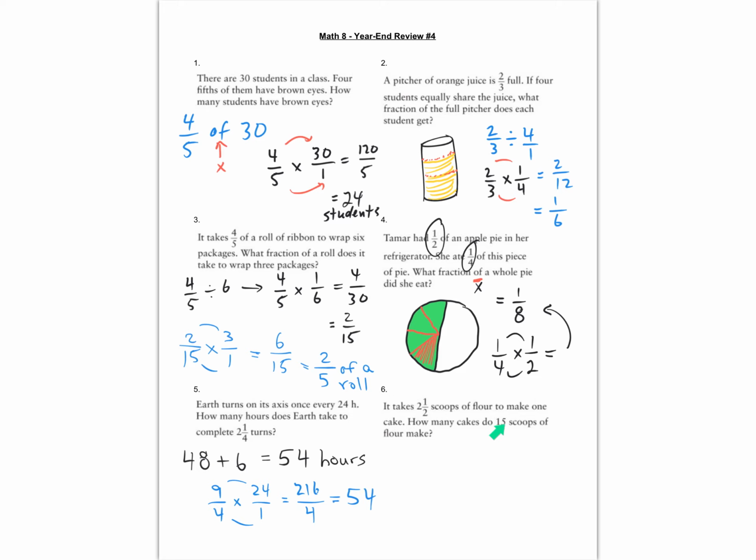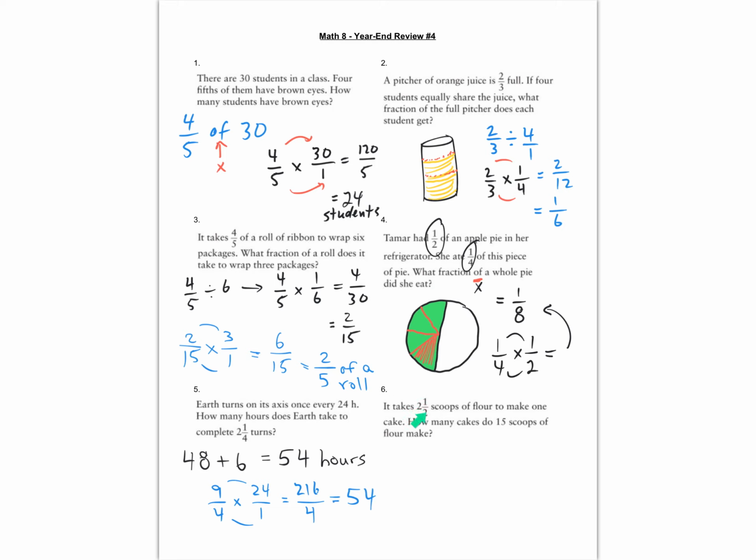So basically it's saying, if we have this amount and it takes 2 1/2 scoops to make 1 cake, we're basically asking how many times does 2 1/2 scoops fit inside of 15 scoops? And that will tell us how many cakes we can make, right? If we only had 5 scoops, then that would be 2 cakes, right?